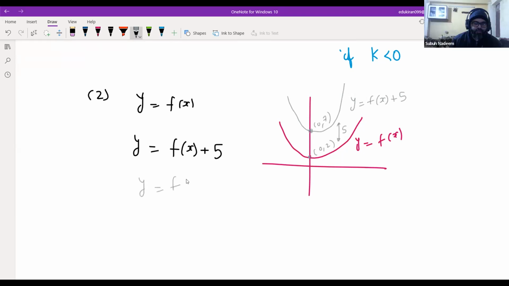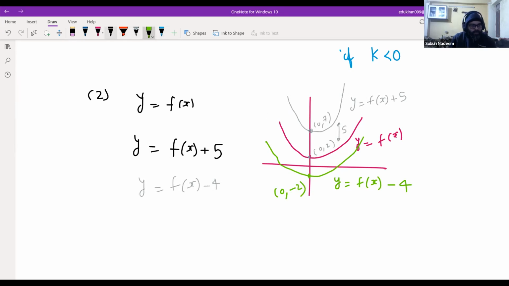Similarly, if y equals f(x) minus 4 is there, that simply means it will be shifted downwards by 4 units. This is y equals f of x minus 4. So this point here is (0, 2 minus 4), that is (0, minus 2). The shape is not changing.